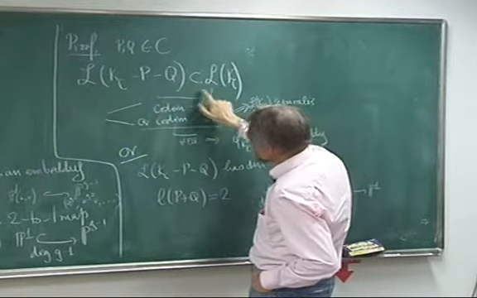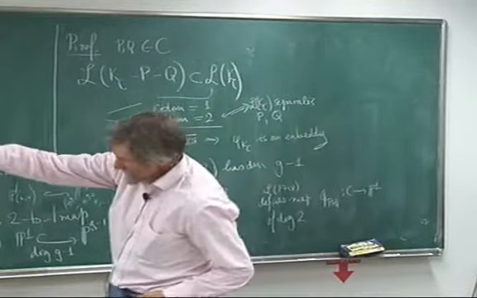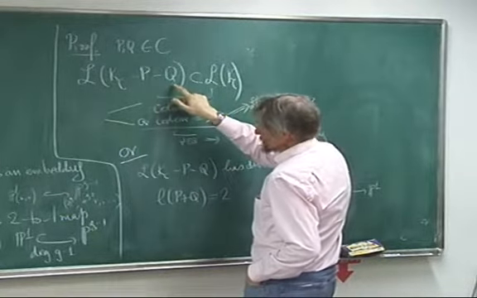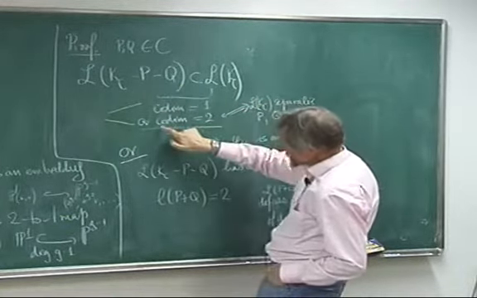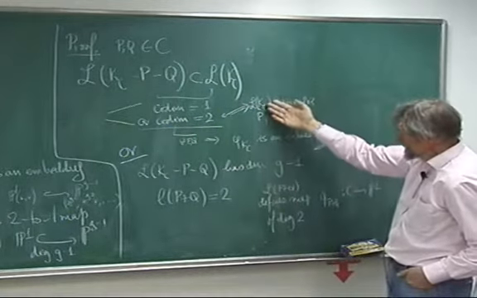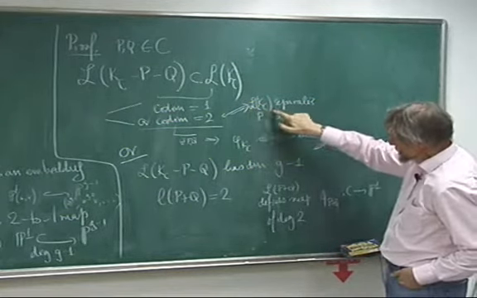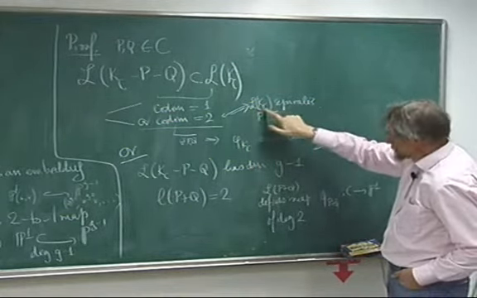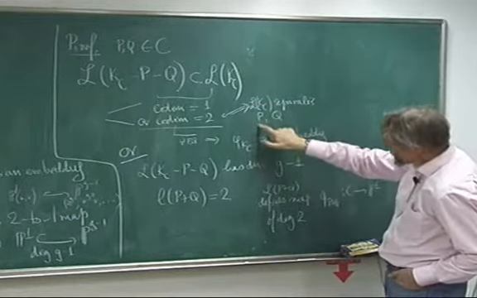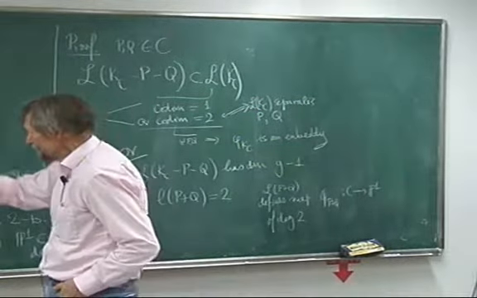So I know that the dimension, when I take away one point, the dimension must go down by 1, because I proved that over there. So if I take away a second point, what happens? Well, it could happen that the dimension goes down again by 1, and in that case, it means that the linear system K_C, this Riemann-Roch space of K_C, has enough functions to separate out P and Q. That's exactly to say that this map is an embedding.